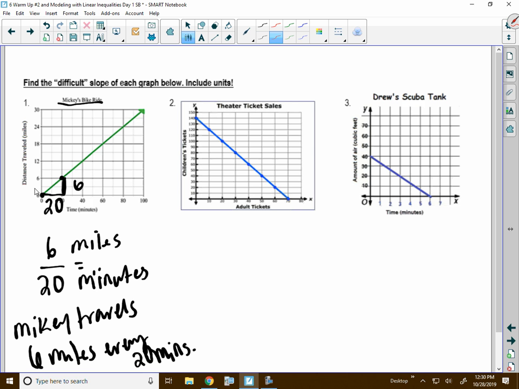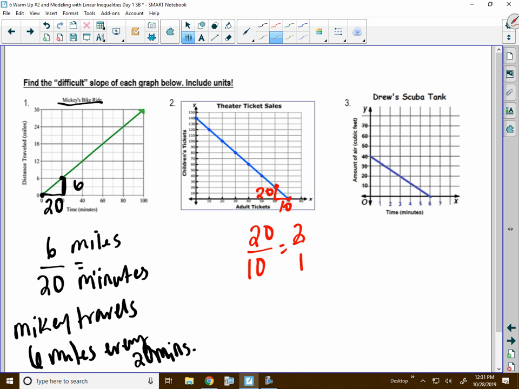All right, number 2, you can choose whatever points you would like. These numbers are a little bit small for me. What's the rise? Is it 20? Is the rise 20? Yeah. Okay, and what's the run? 10? Okay, now you can reduce it. 20 over 10 is the same thing as 2 over 1. What does my Y value mean, or my rise?